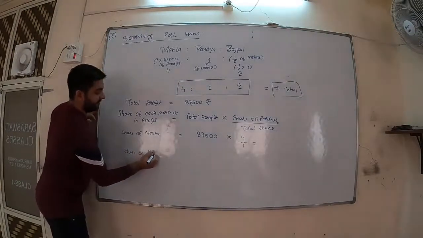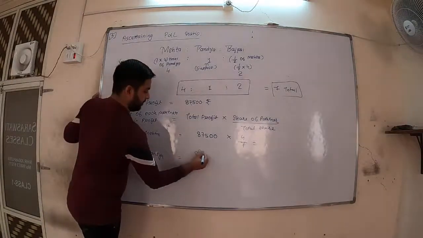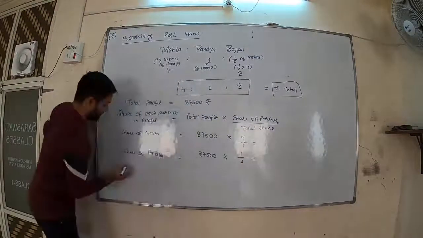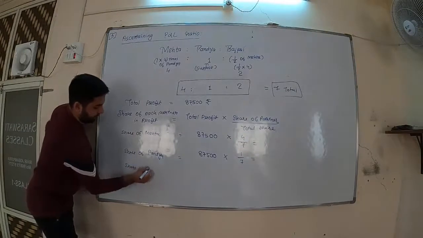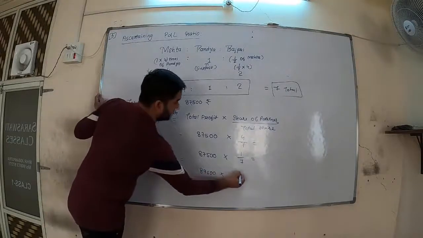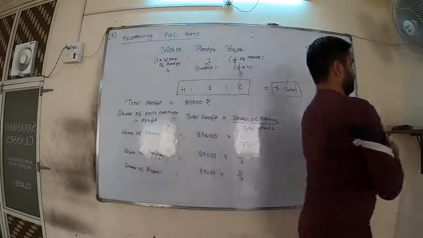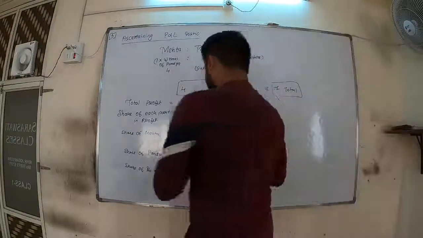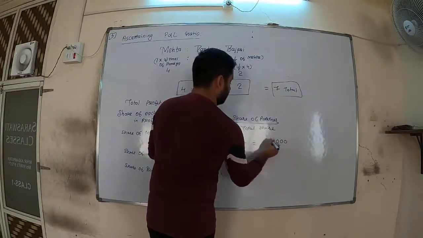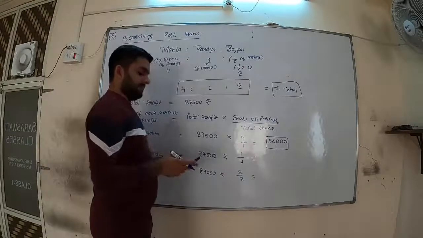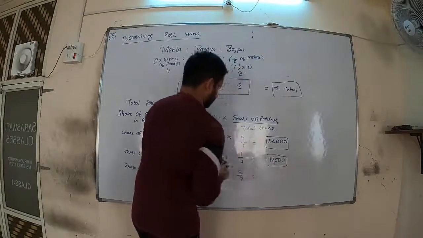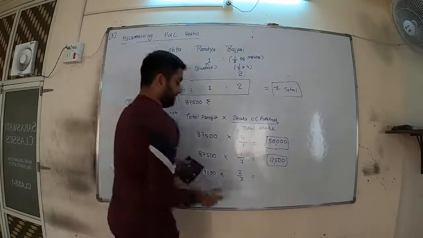Share of Pandya: 87,500 into 1 by 7. Share of Bajpai: 87,500 into 2 by 7. 87,500 into 4 by 7 is 50,000. 87,500 into 1 by 7 is 12,500. 87,500 into 2 by 7 is 25,000.